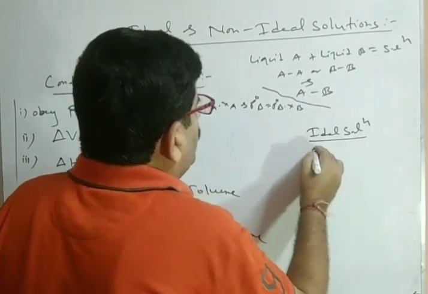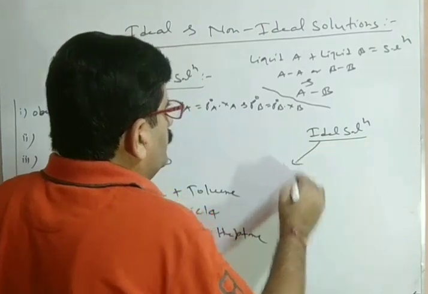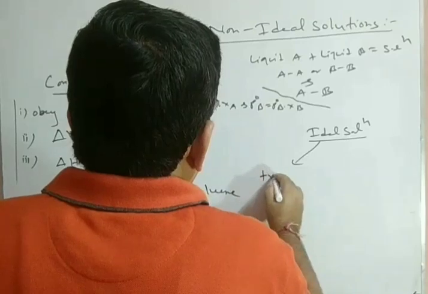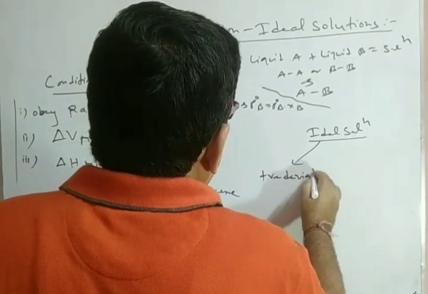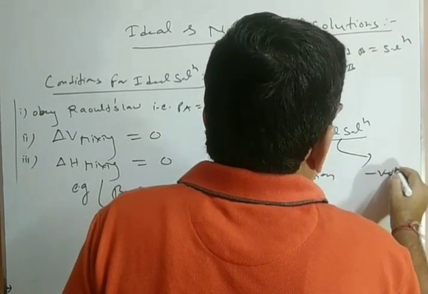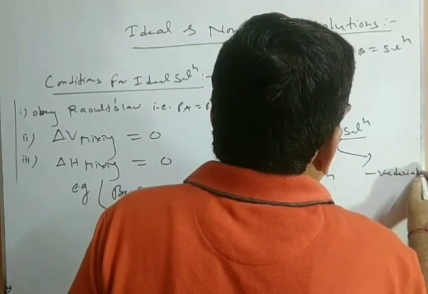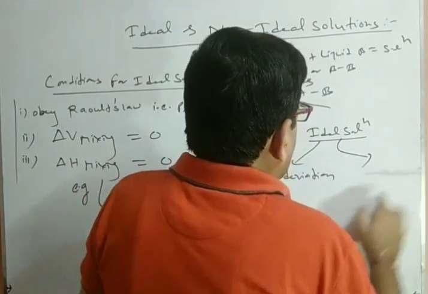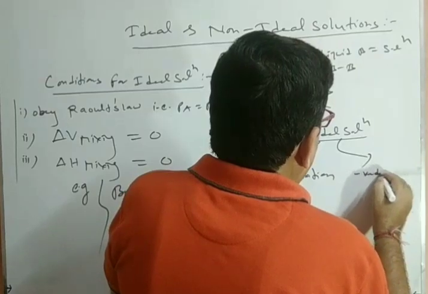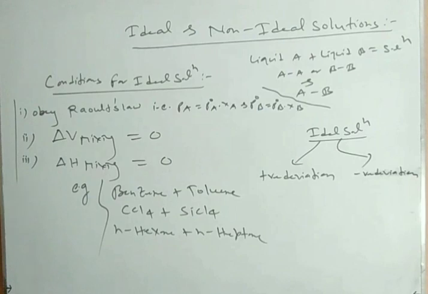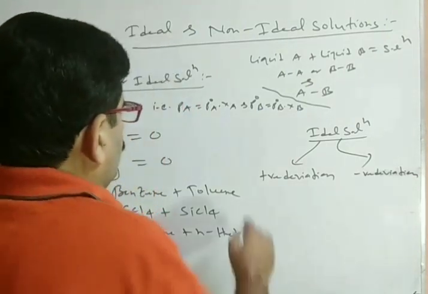The next one, non-ideal solution can be divided into two parts. First one, you can write positive deviation, and second one, negative deviation. Positive or negative deviation do not follow Raoult's law.